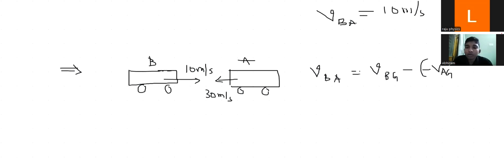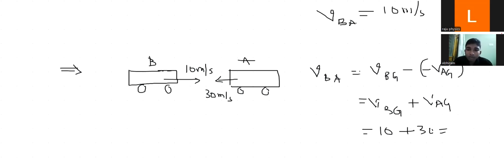So this becomes VBG minus into minus plus VAG. Here it is 10 plus 30. Now you'll get 40 meters per second. Copy it.